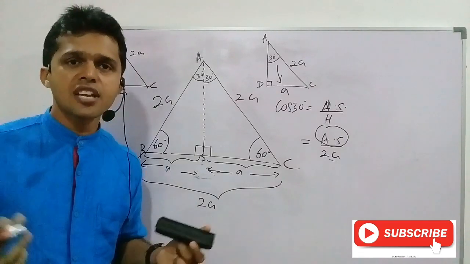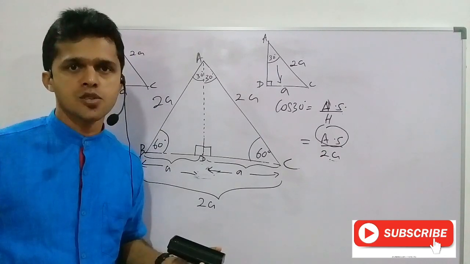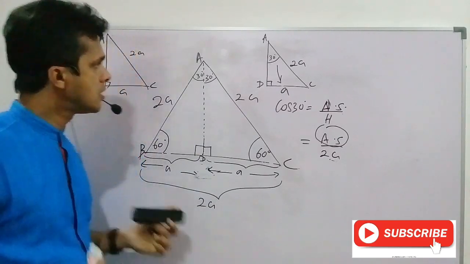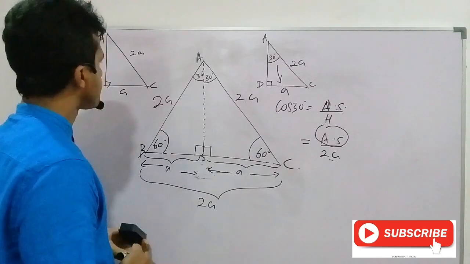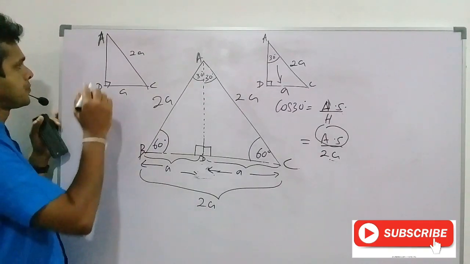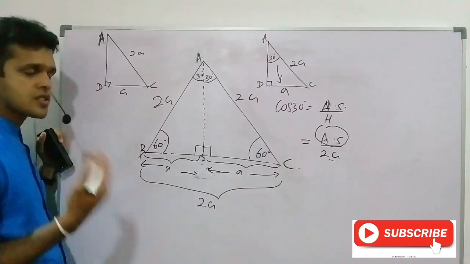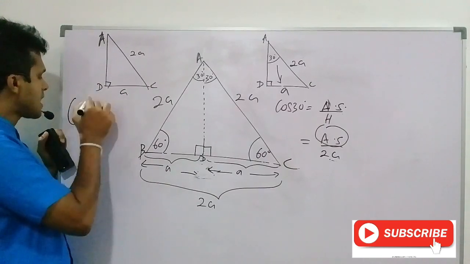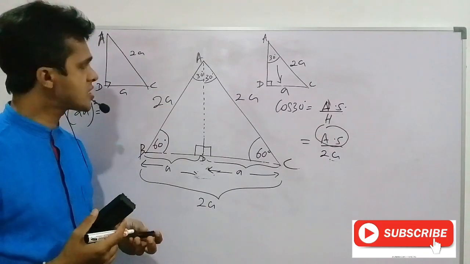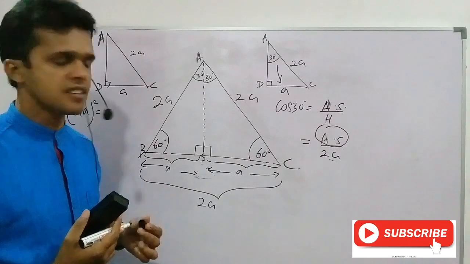You can find the value of AD using the theorem of Pythagoras. What is Pythagoras theorem? In a right angle triangle, the hypotenuse squared is equal to the sum of the squares of the sides containing the right angle.